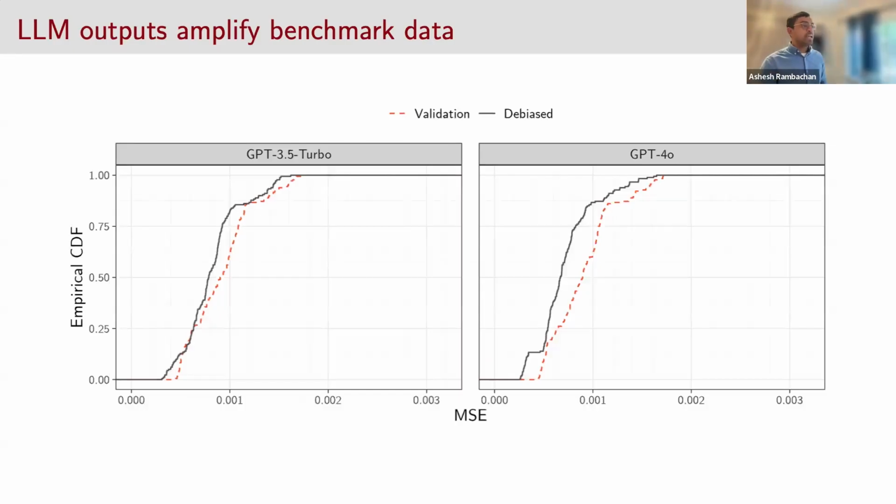And then lastly, if we compare the mean squared error of this debiased coefficient relative to ignoring the language model altogether and only reporting regressions on the validation data, you also get much more precise estimates. So in other words, for estimation problems, collecting validation data on a small random subset and debiasing is a very robust strategy that can improve inference and use LLMs to solve this text processing problem.